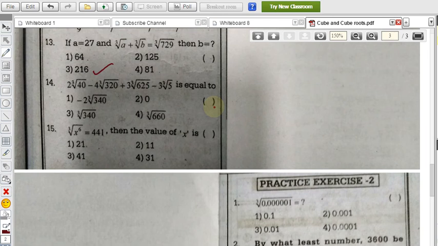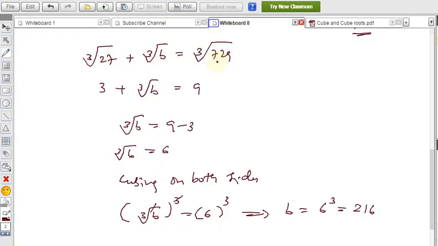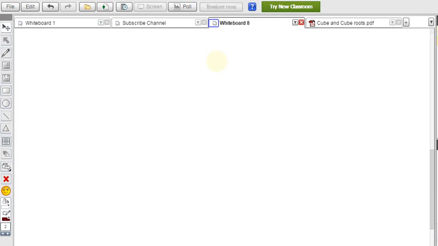Then this is 2 into cube root of 40 minus 4 into cube root of 320 plus 3 into cube root of 625 minus 3 into cube root of 5 is equal to dash. If you split the terms, easily you can find out. Yeah, let me explain this 14th. Rest of the sums are simple. One value they are asked to simplify.